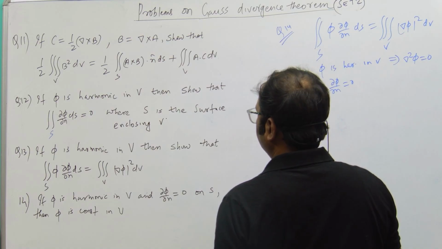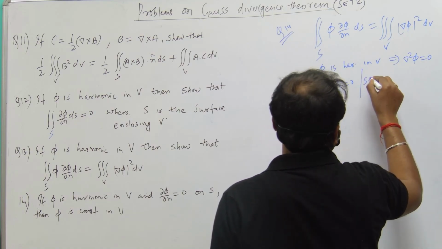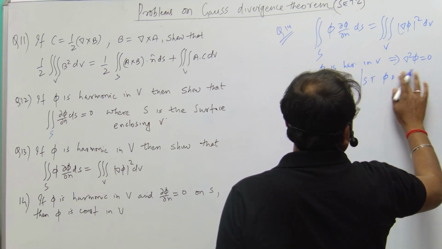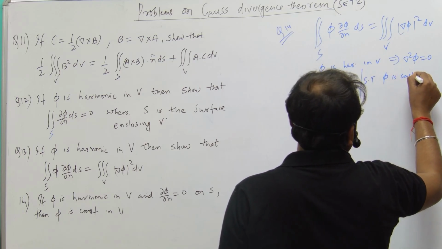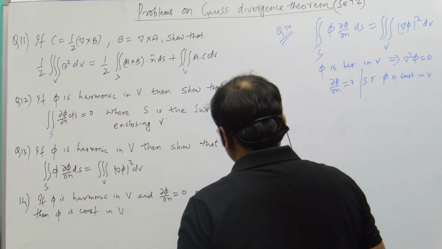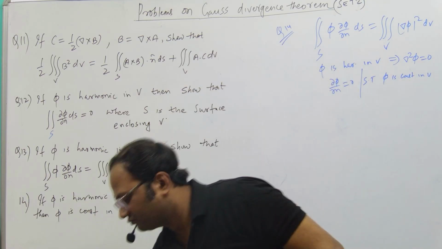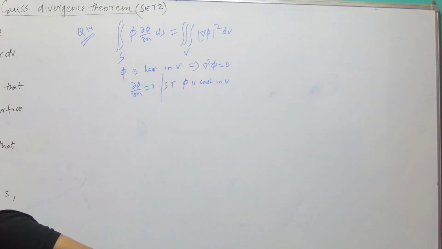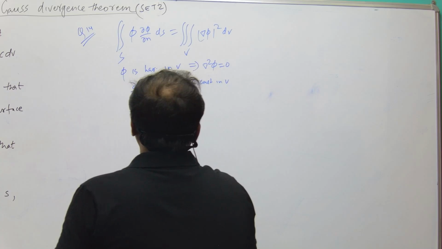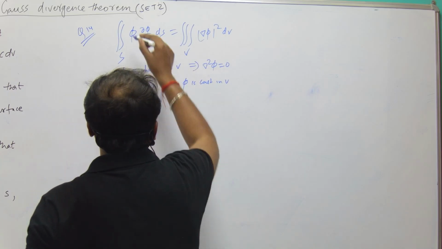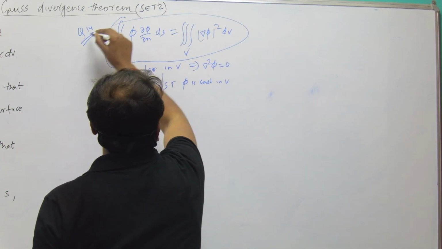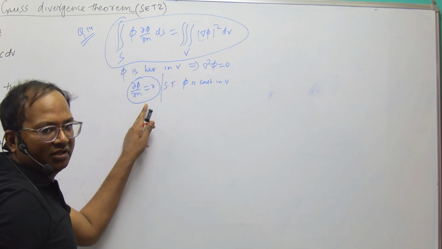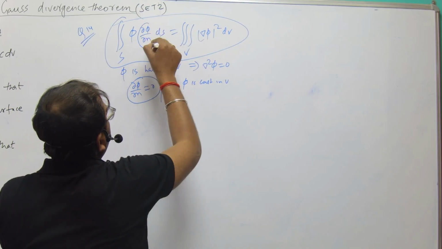We have to show that phi is constant in V. Based on the previous result, since del phi upon del n is equal to 0, this surface term is 0.